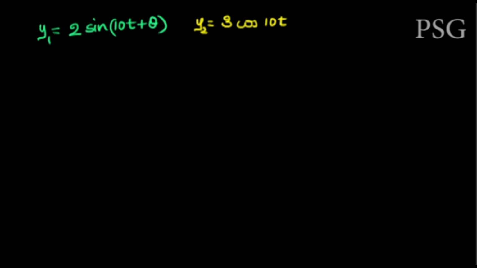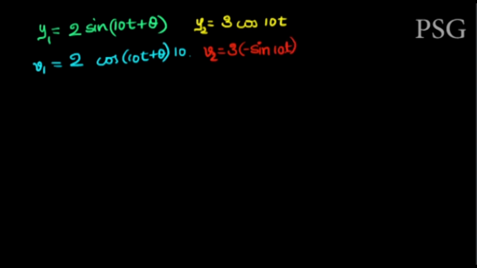So first we have to calculate the velocity. Let me do that by differentiating these terms. So v1 is equal to 2, the differential of sine is cos (10t plus theta), and the differential of this phase term is 10. And here velocity v2 is equal to the differential of this displacement function, that is 3, the differential of cos is minus sine 10t into 10.